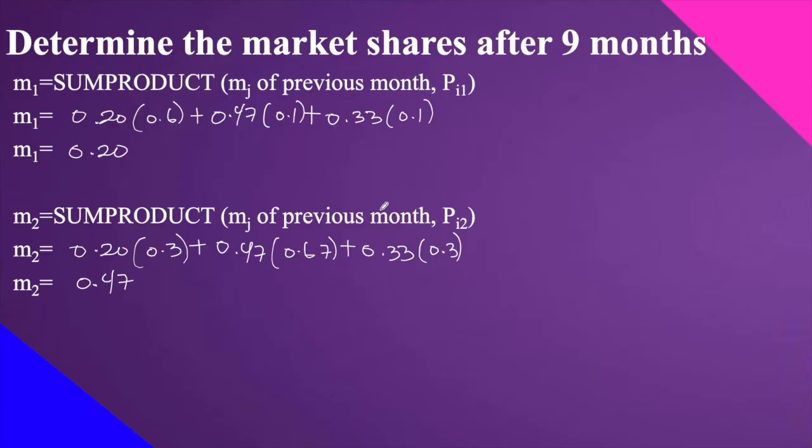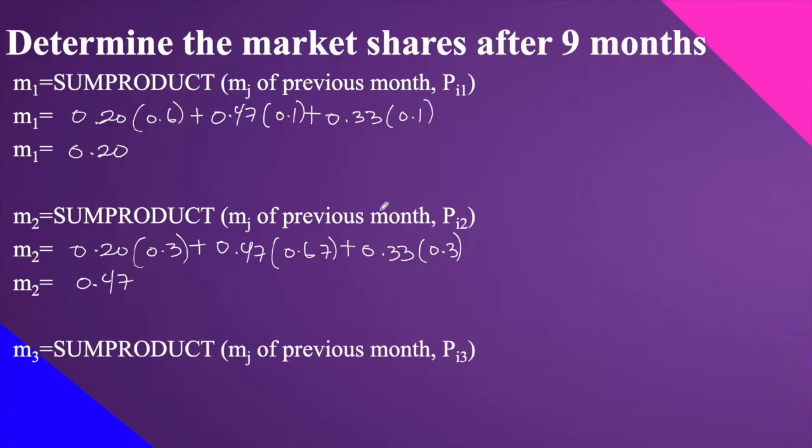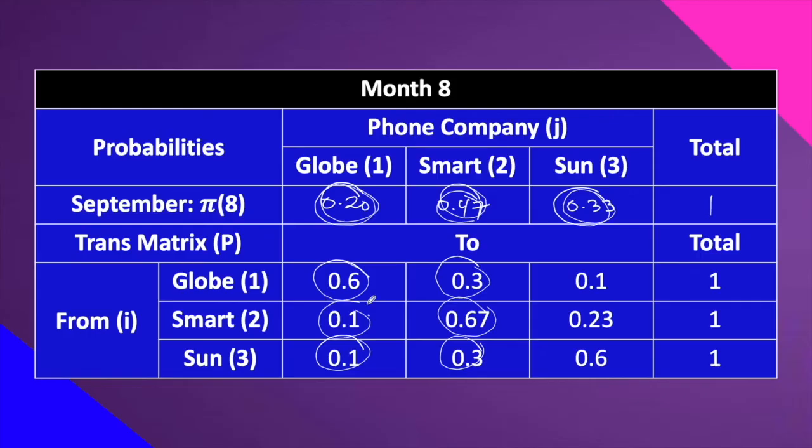Okay? So, next natin for M sub 3 or the market share of our third player in the market, which is the Sun. So, sum product of M sub J of previous month and the P sub I3. Ito po yung column na yun.